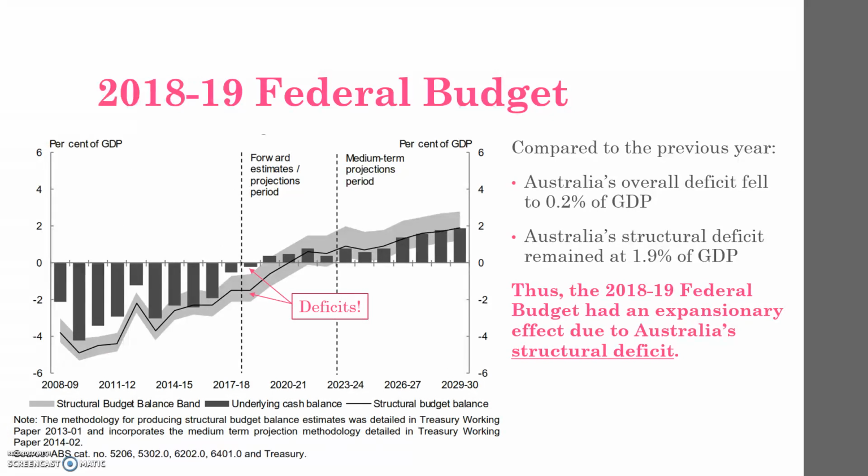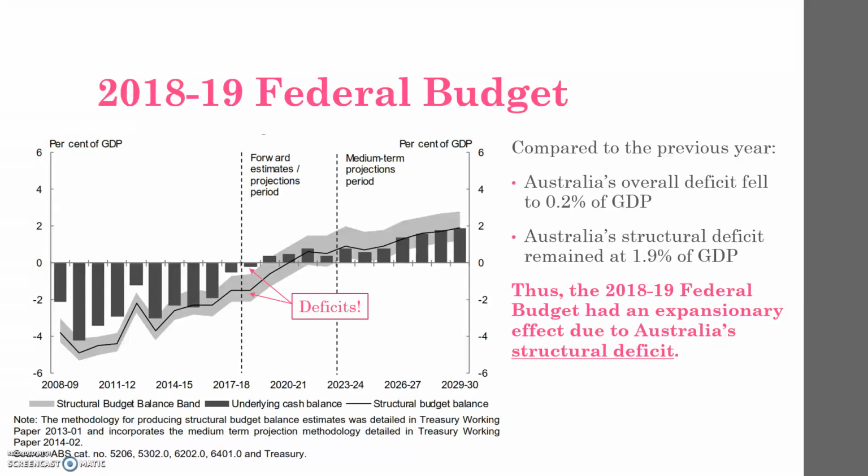So on the left side of this slide, I've put a graph of the Australian government's structural budget balance, as well as the overall budget balance. So the structural balance is the black line, and the underlying or overall cash balance are the column bars.